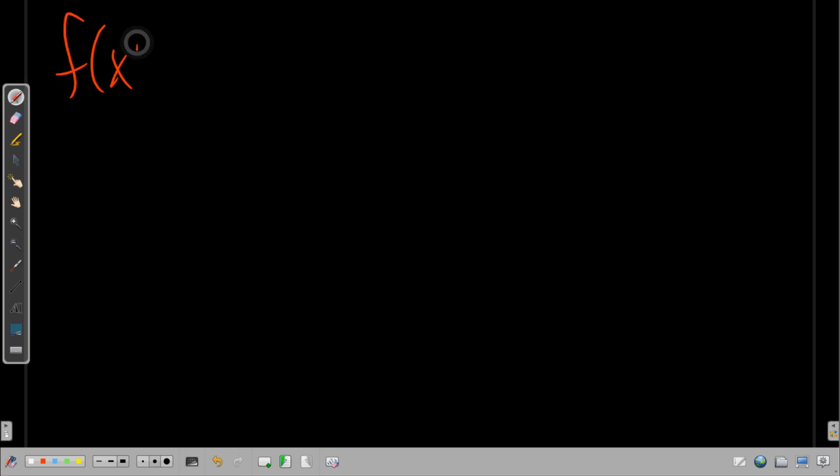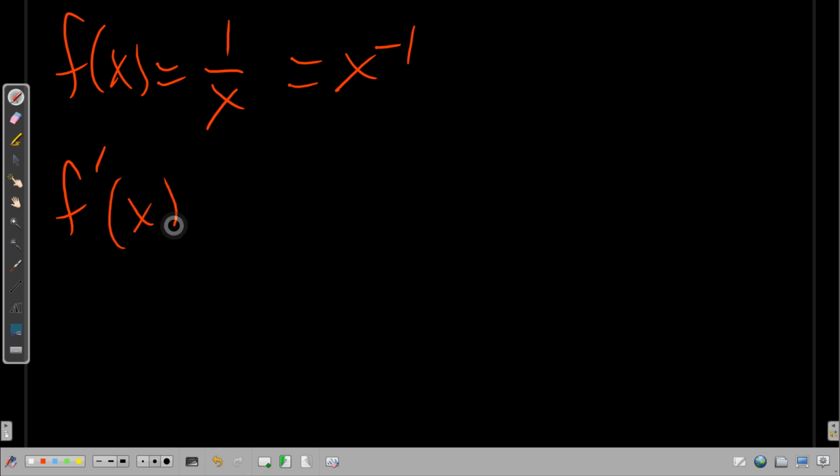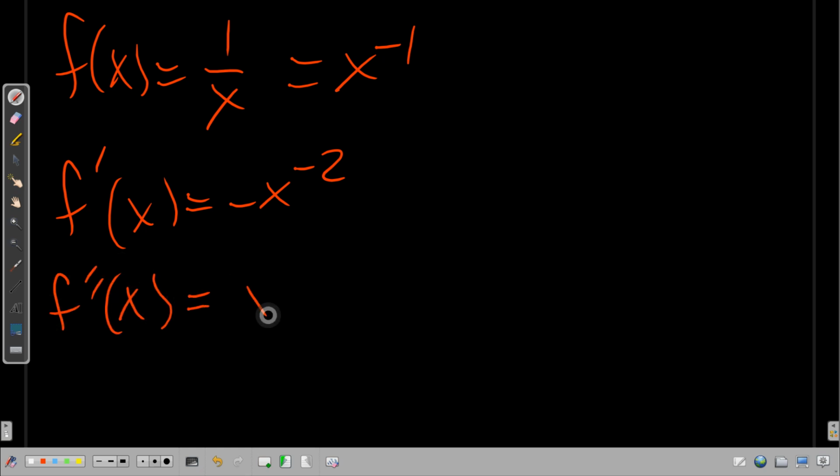f of x is 1 over x, right? It's x to the minus 1. Then f prime of x would be minus x to the minus 2, and f double prime of x would be 2x to the minus 3, which is 2 over x cubed.